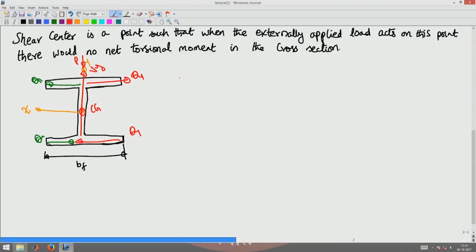So basically, shear center would be the CG if loading is about a symmetric axis.